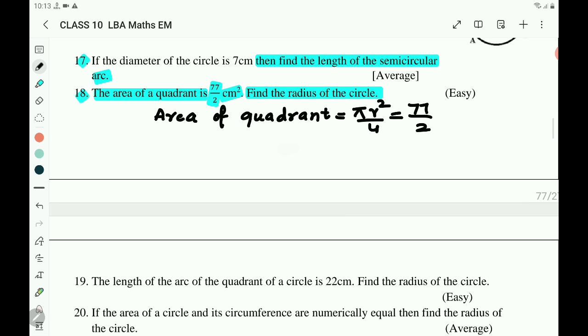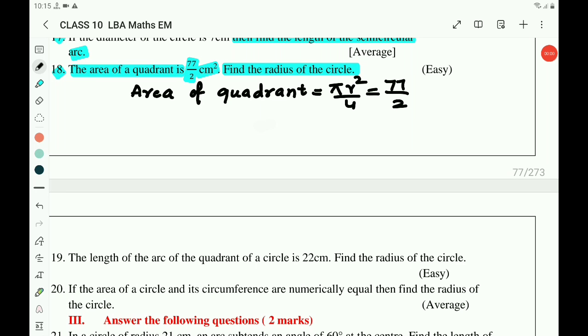Then here you can do, the pi value is 22 by 7 into r square by 4 equals 77 by 2. Now you transfer 22 by 7 and 4 to the RHS.